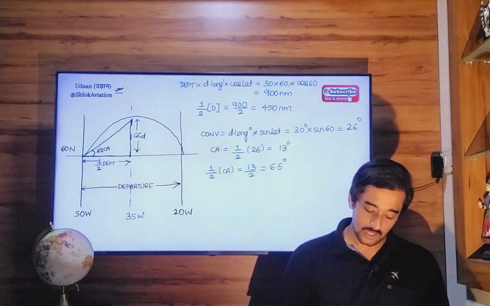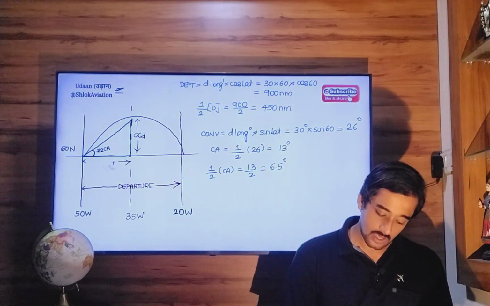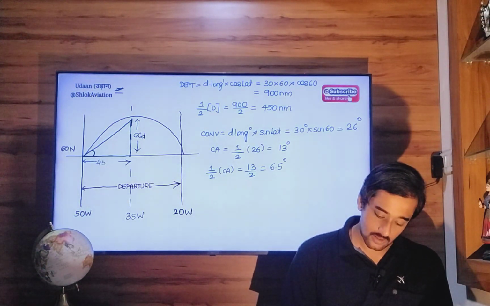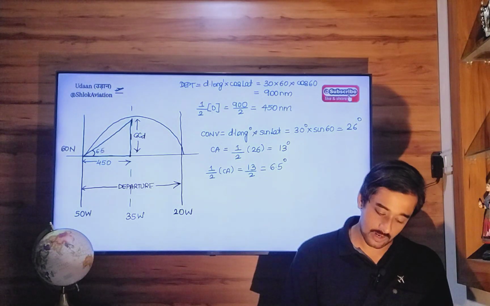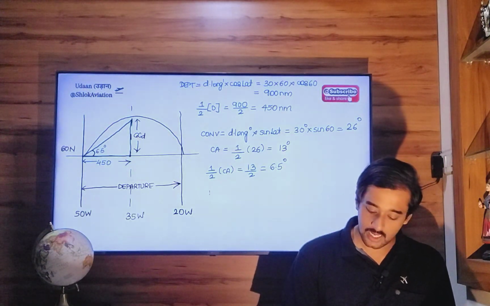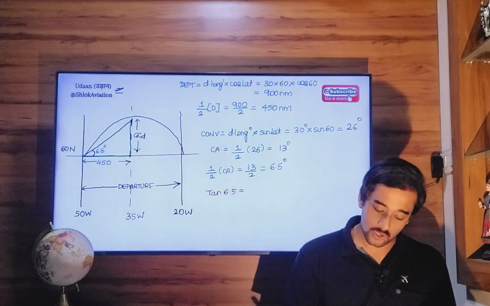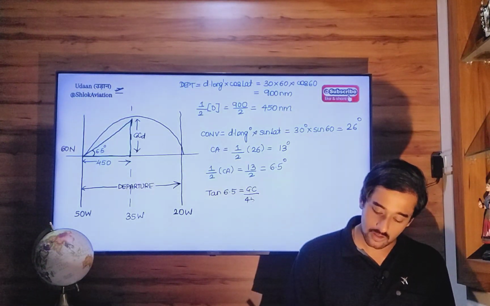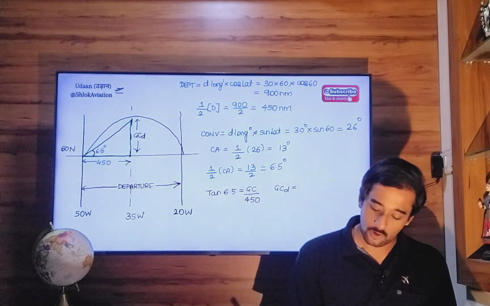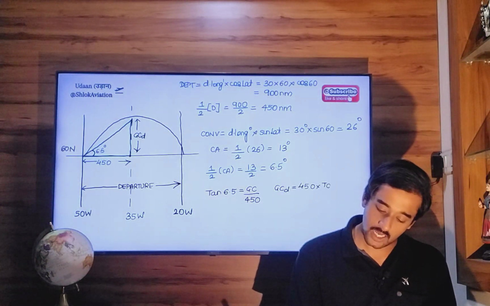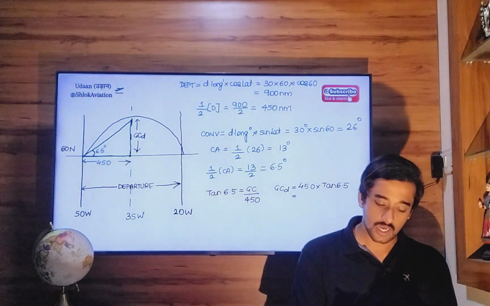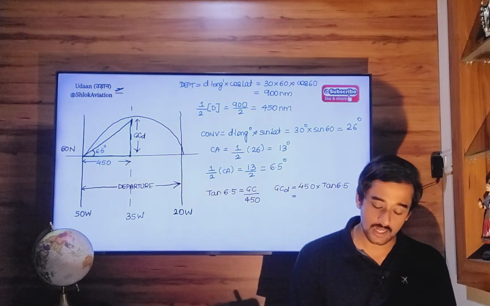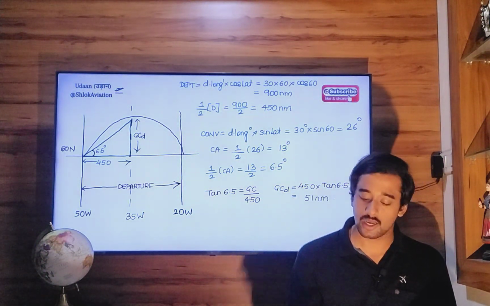So now we have a triangle whose measurements are 450 and 6.5. Now let's apply the tan theta formula. Tan of 6.5 degrees, opposite side great circle distance, adjacent side 450 nautical miles. So great circle distance will be 450 multiplied by tan 6.5. So tan 6.5 into 450 is 51.27 nautical miles, or approximately 51 nautical miles.